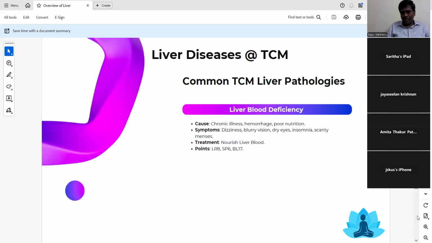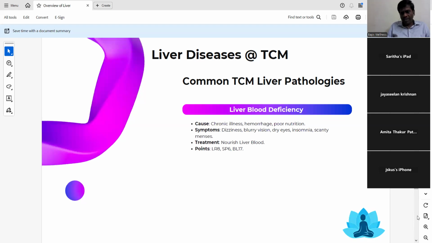Liver blood deficiency. Blood deficiency is a chronic condition. It may be due to loss of blood by way of hemorrhages, mainly in the intestine, such as ulcerative colitis or bleeding ulcers.